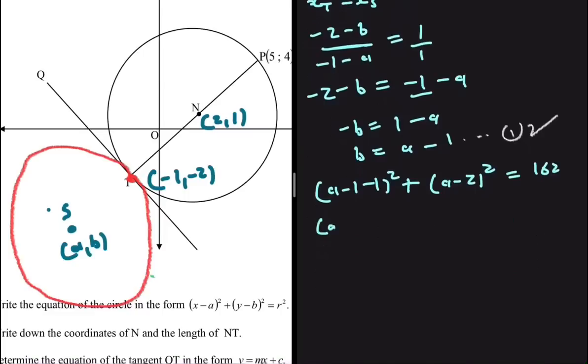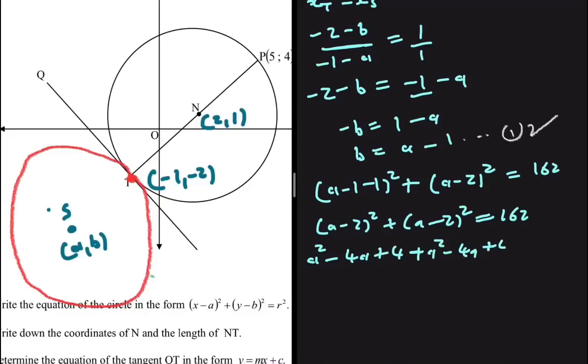So we're going to have a minus 2 squared plus a minus 2 squared being equals to 162. A minus 2 squared is equals to a squared minus 4a plus 4, plus a squared minus 4a plus 4.